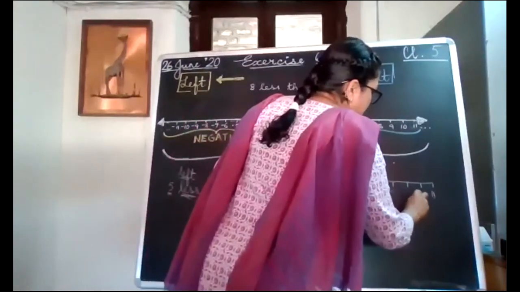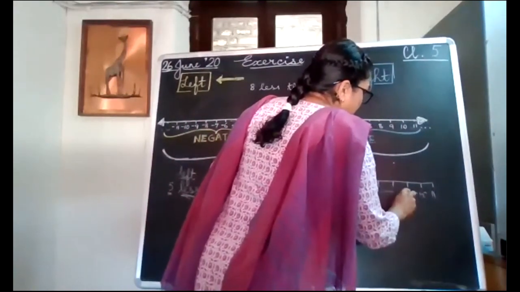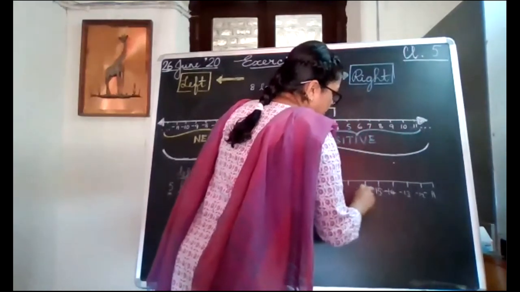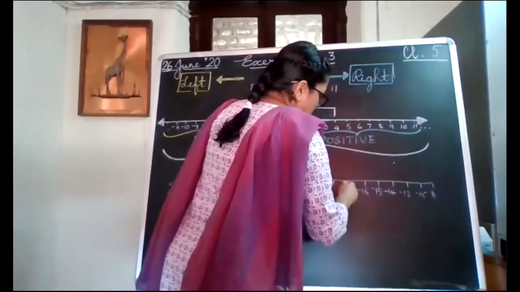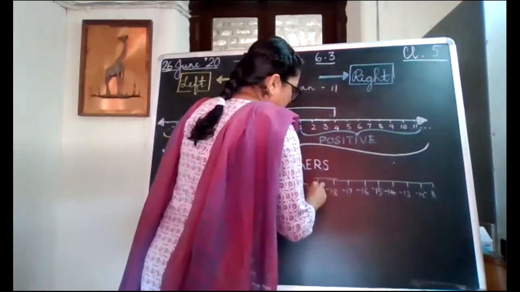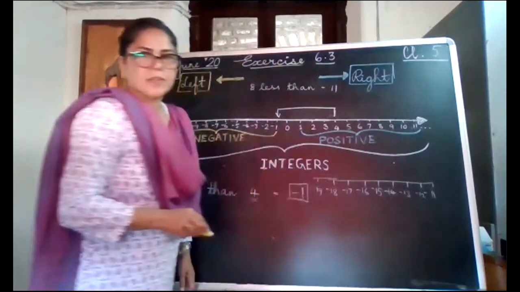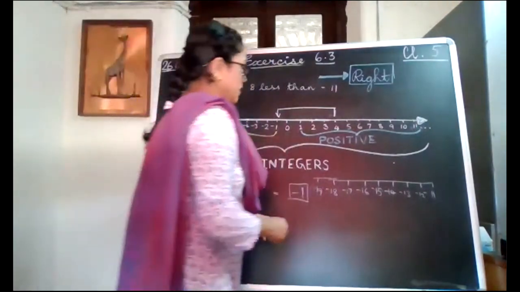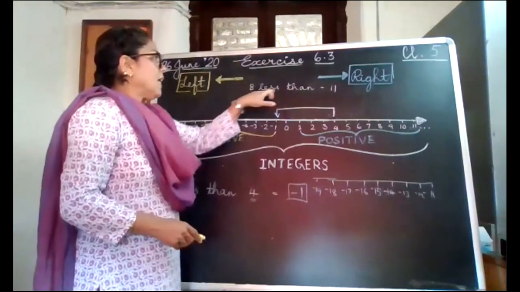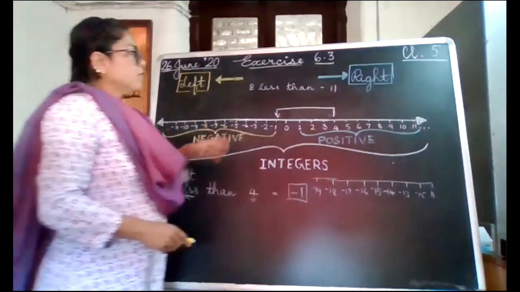Let's say this is -11, 12, 13, 14, 15, 16, 17, 18. See that you make it neater than this, okay? This is very shabby. So I want to take 8 steps to the left of -11.